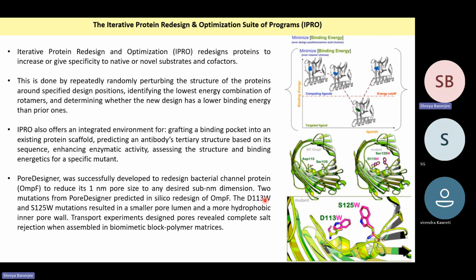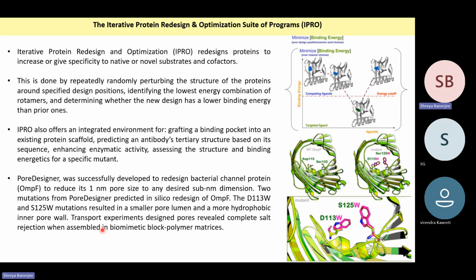One mutation shown here is where the aspartic acid and serine in the pore were both mutated to tryptophan. And this reduced the size of the pore because tryptophan has a larger side chain. So the size of this pore was reduced.